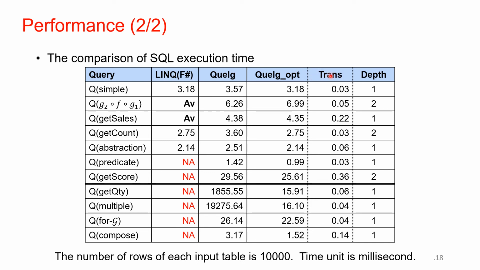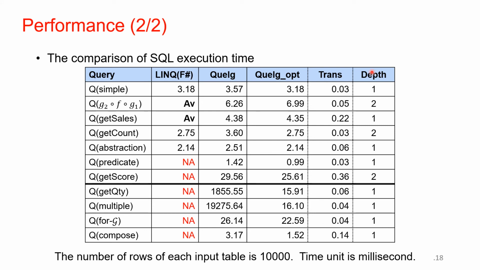The fifth column is the time for the translation from query G to SQL using our reorganization. The sixth column shows the depth of queries by reorganization. We use PostgreSQL for the backend SQL engine, and the size of input tables for all queries is 10,000.